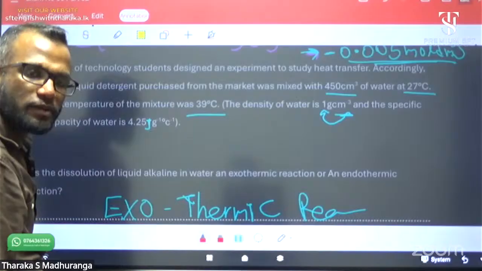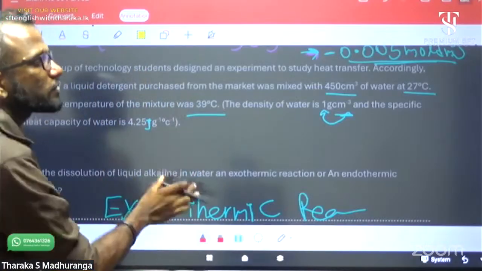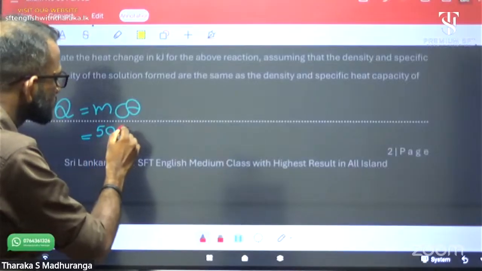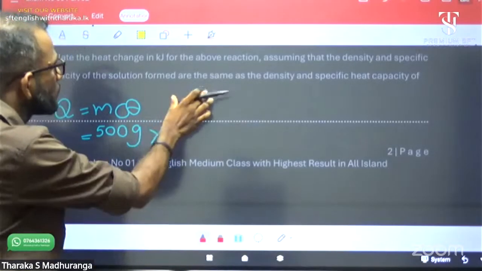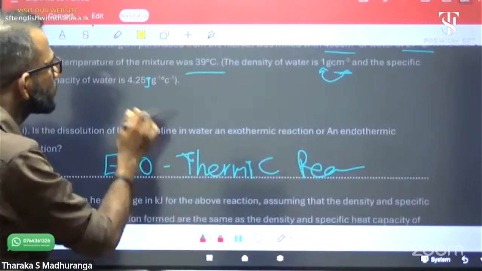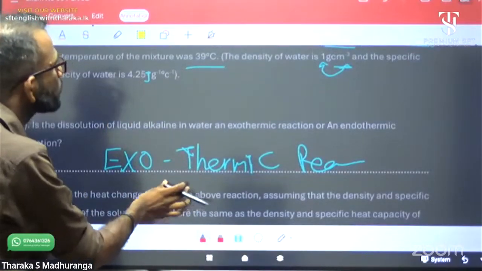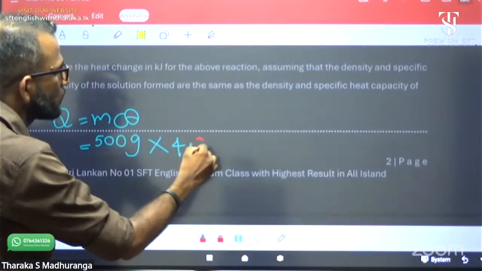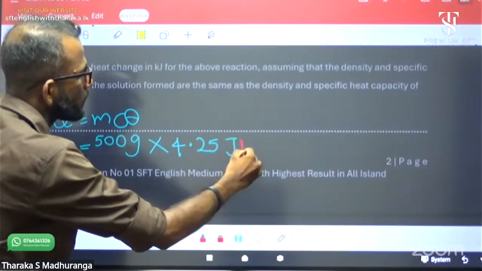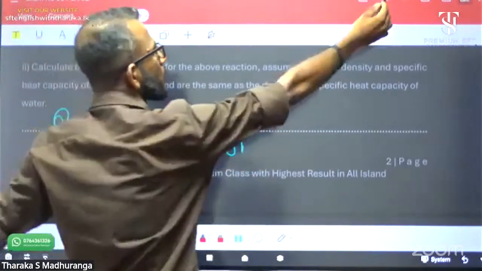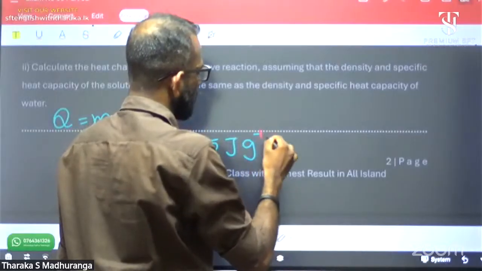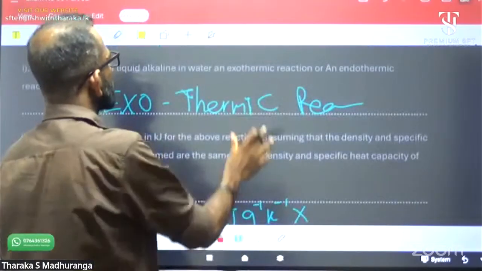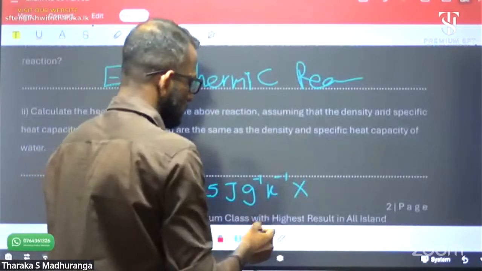Then 500 cubic centimeter equal 500 gram. 500 grams into specific heat capacity also given in grams, 4.25 into g minus 1 K minus 1, or Celsius minus 1, no problem.